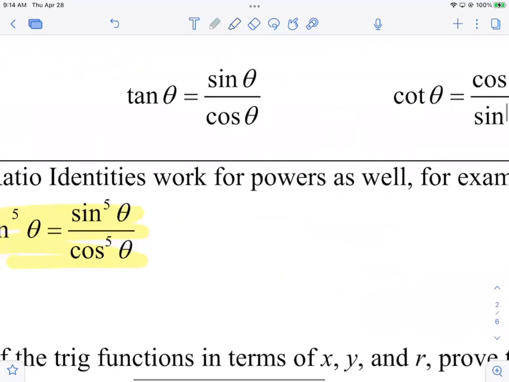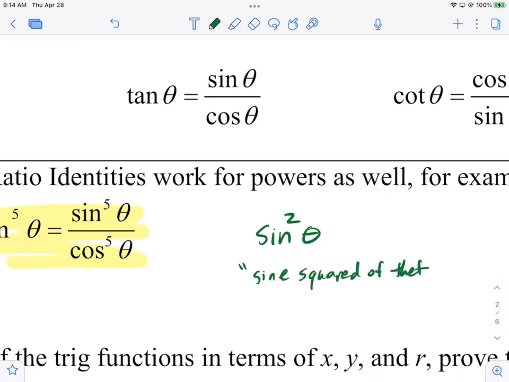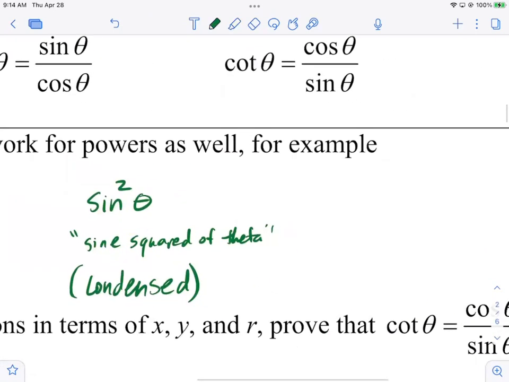Okay, so if you see something like sine to the 2nd power of theta, we read that as sine squared of theta. That's the condensed notation. It's kind of like having a zipped file. It looks prettier as a final product. It's easier to tote around with you, but it's the same as sine of theta squared.